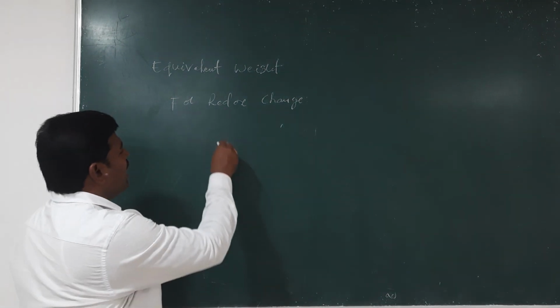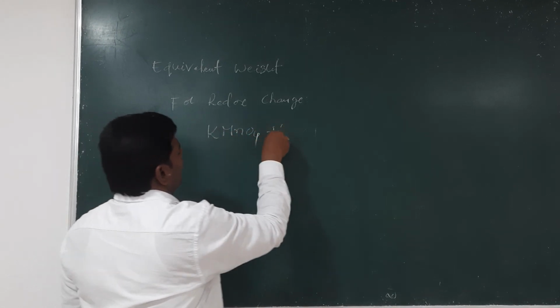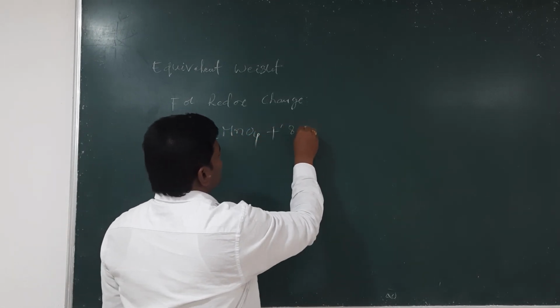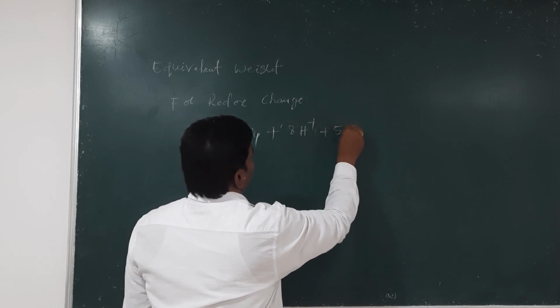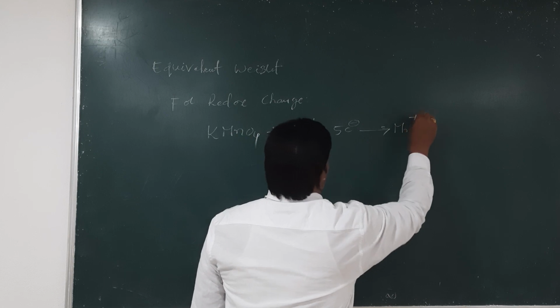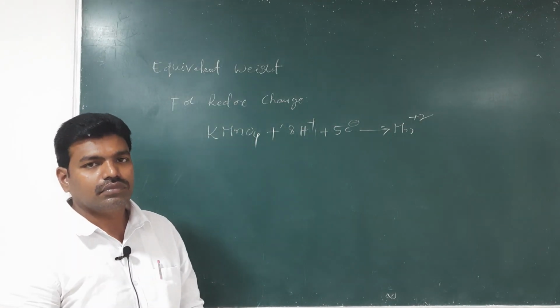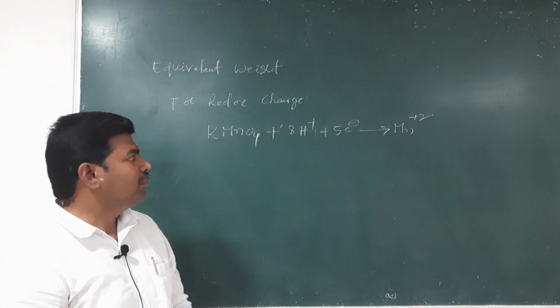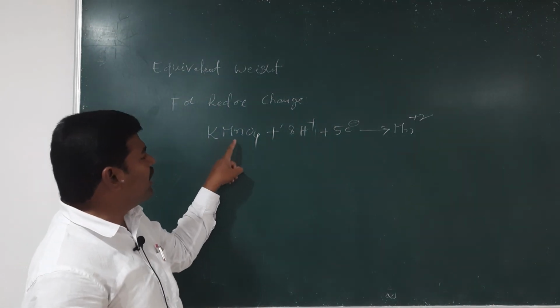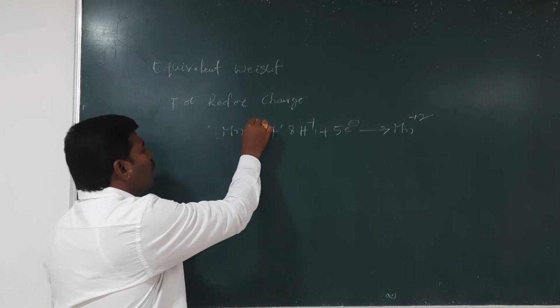So KMnO4, or MnO4 minus, plus 8 H plus plus 5 electrons gives rise to Mn2+ as product.